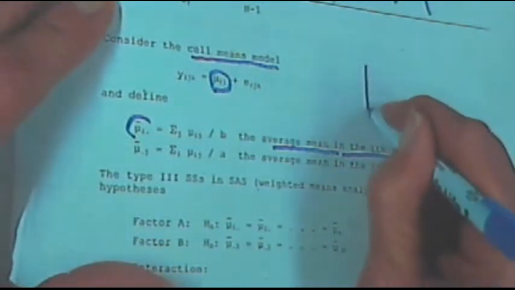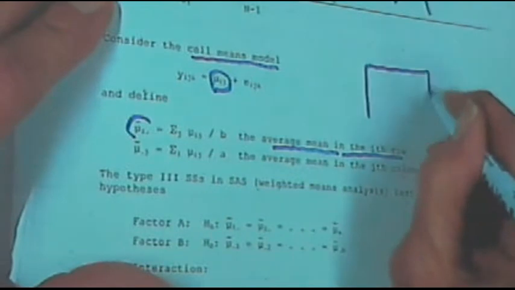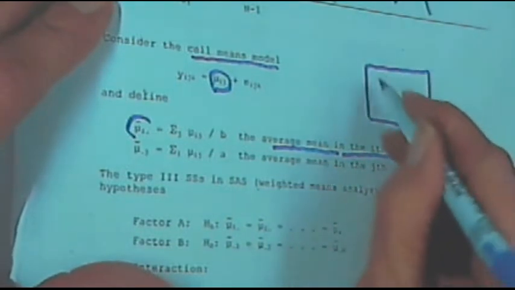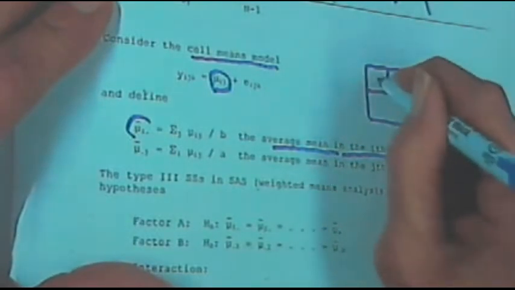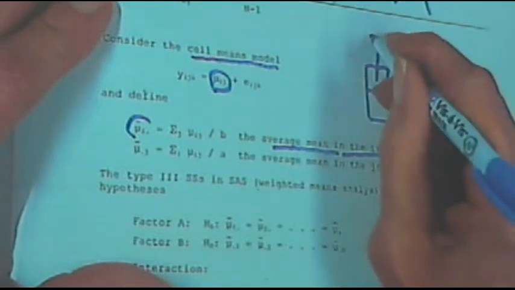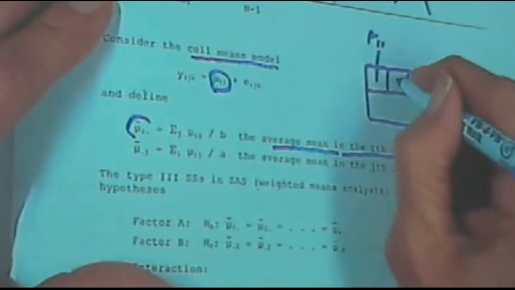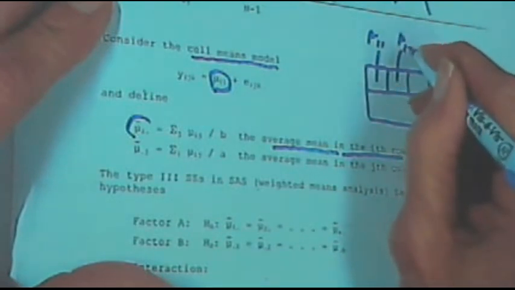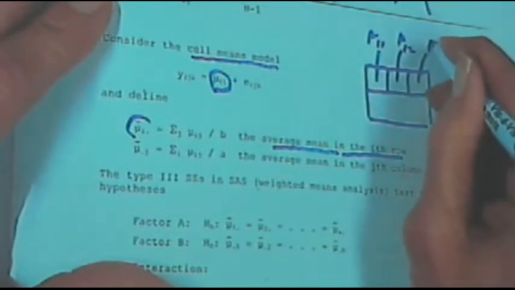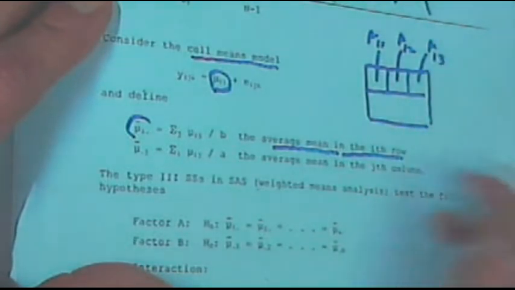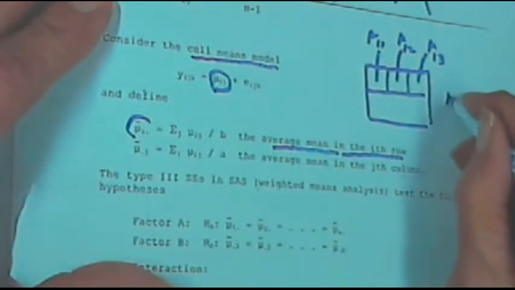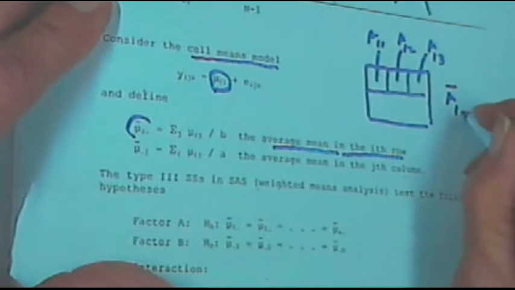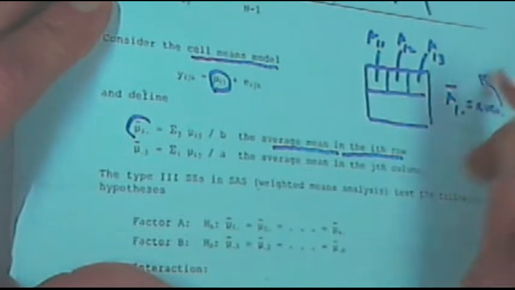So if we had, just to put a small example in front of your eye, in a given row, say 3 cells, there's a mean in there, mu 1,1. There's a mean in there, mu 1,2. And there's a mean in there, mu 1,3. And then the mu bar 1 dot, because I'm in the first row, would be the average of those 3.